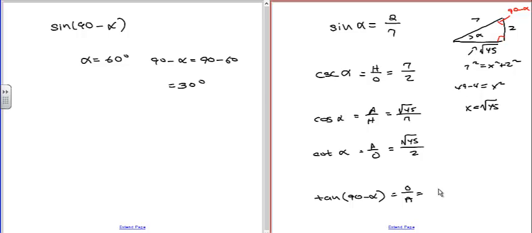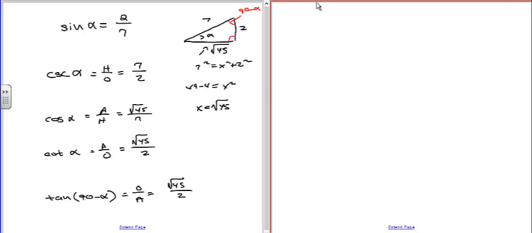So you get the square root of 45 over the adjacent, which is 2. And you can see here that the cotangent of alpha is the same as the tangent of 90 minus alpha. I think we looked at that in the previous section.